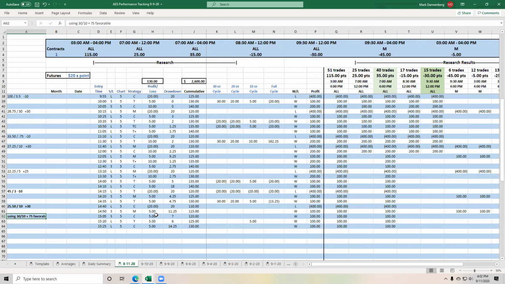So what we're trying to do is track, record and report a very conservative approach to trading the adaptive entry system and then translating that into the personal trading plan. So the 30-point stop might be something that we want to pay attention to.